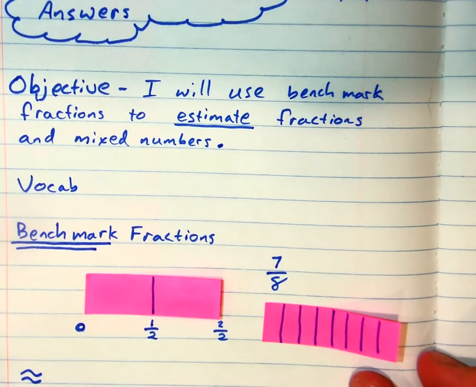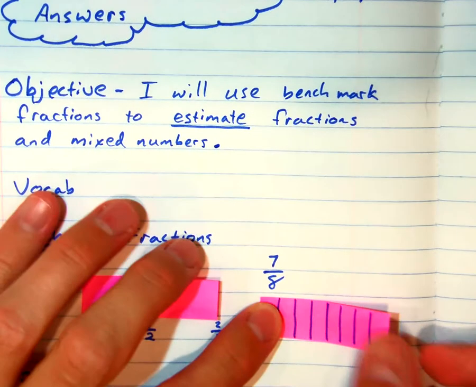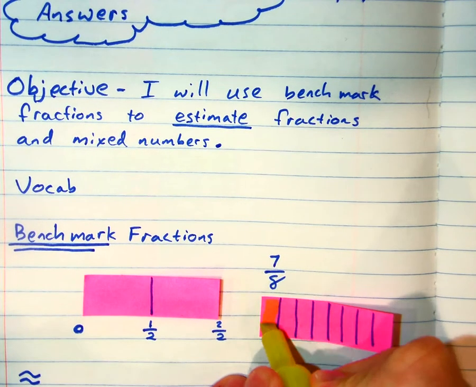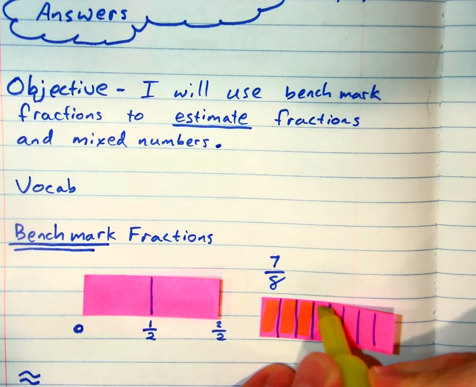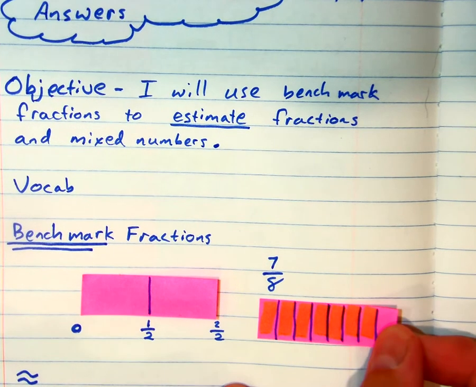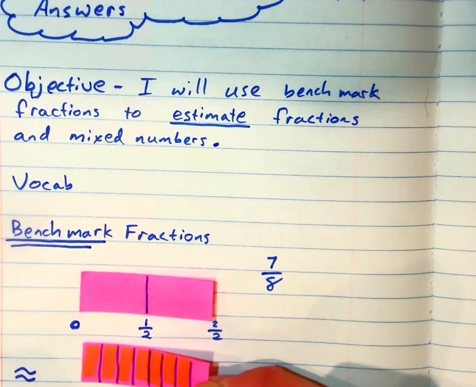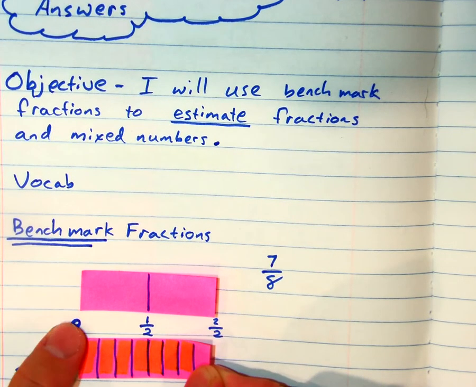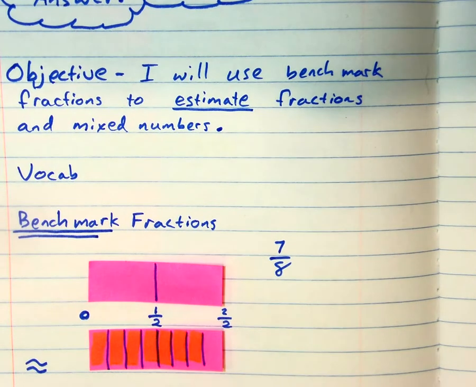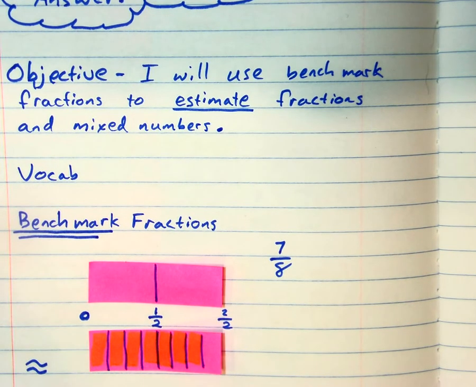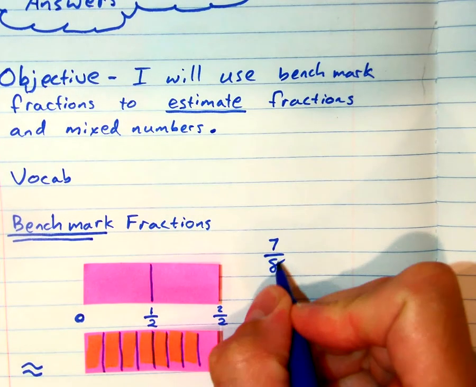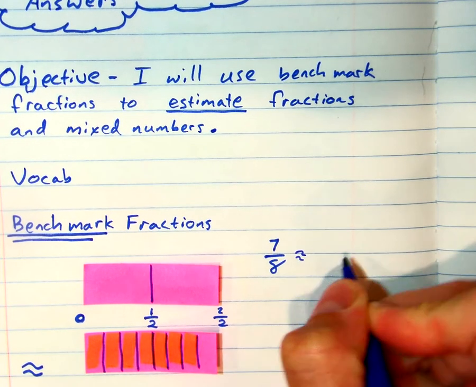So if I were to show 7/8 here, come through with my highlighter, got 1/8, 2/8, 3/8, 4/8, 5/8, 6/8, 7/8. If I look at 7/8, is my 7/8 closer to 0, closer to half, or closer to the whole? I would say it's closest to the whole. So what I could do is I could say 7/8 is closest to 1.